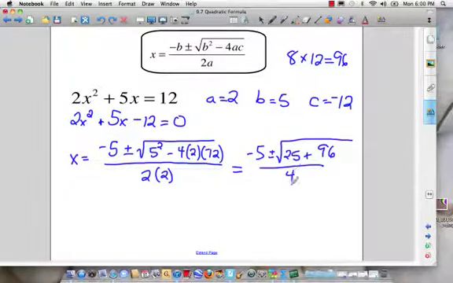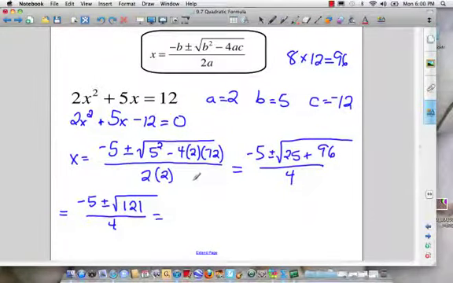All over 2 times 2 is 4. Still more steps. Negative 5 plus or minus the square root of, if you add 25 and 96, you get 121. Still over 4. Now, in this example, 121 is a perfect square.